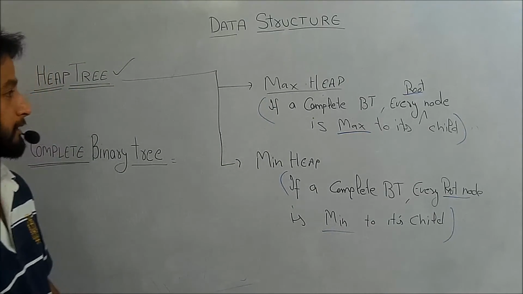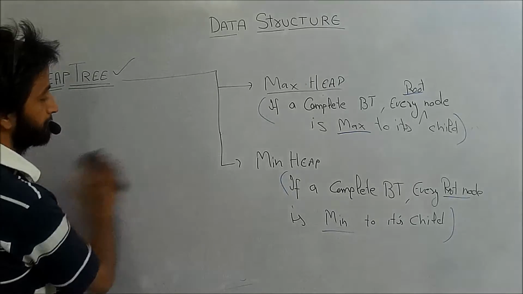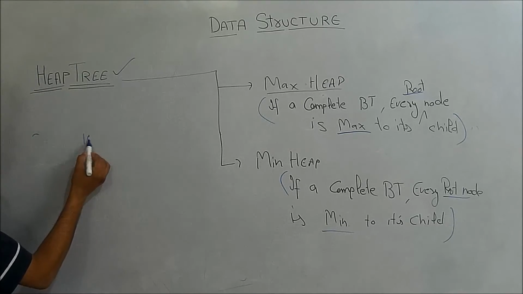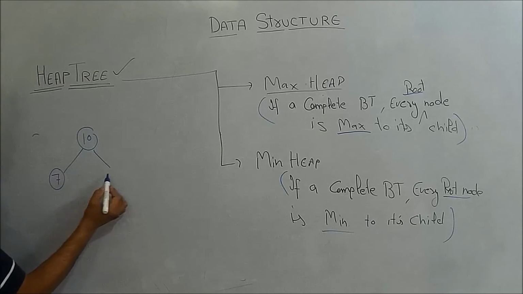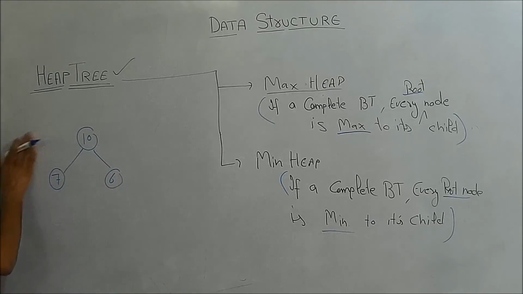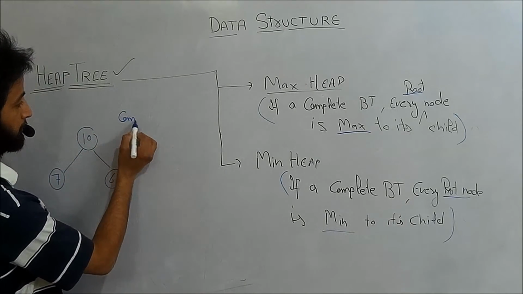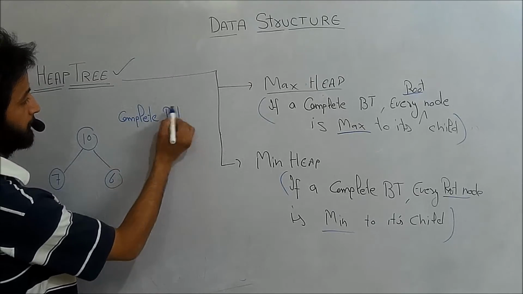Let us understand this with the help of examples. If we have a construction like this, 10, 7 and 6, okay, then first of all we will check that the tree is a complete binary tree.